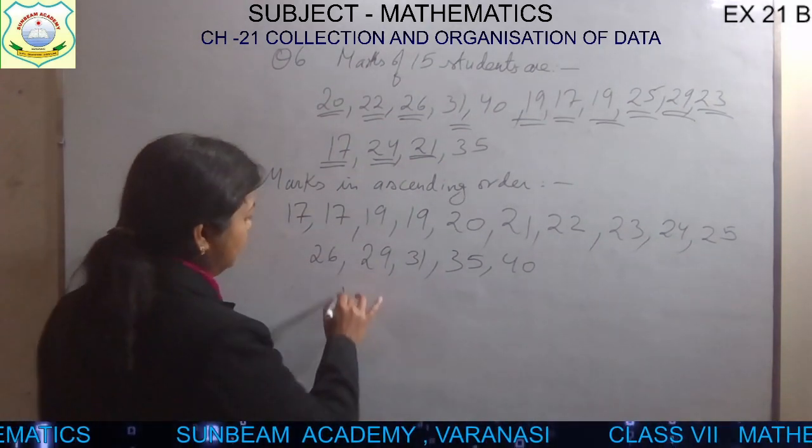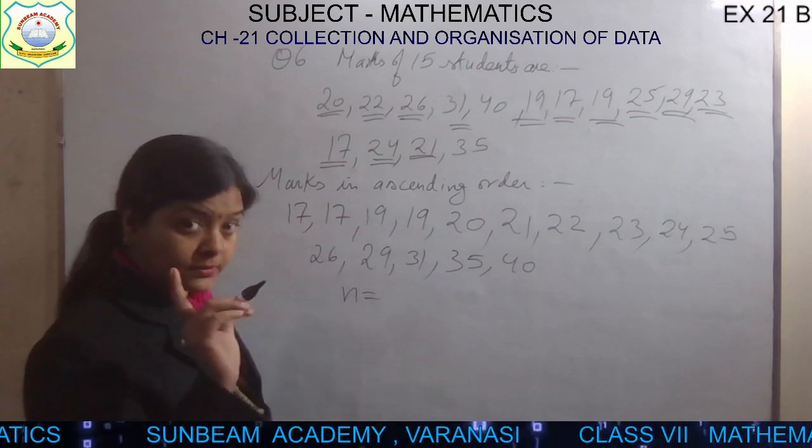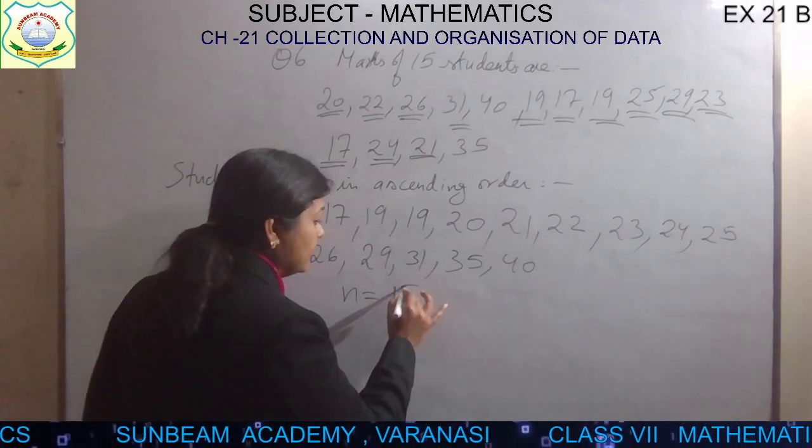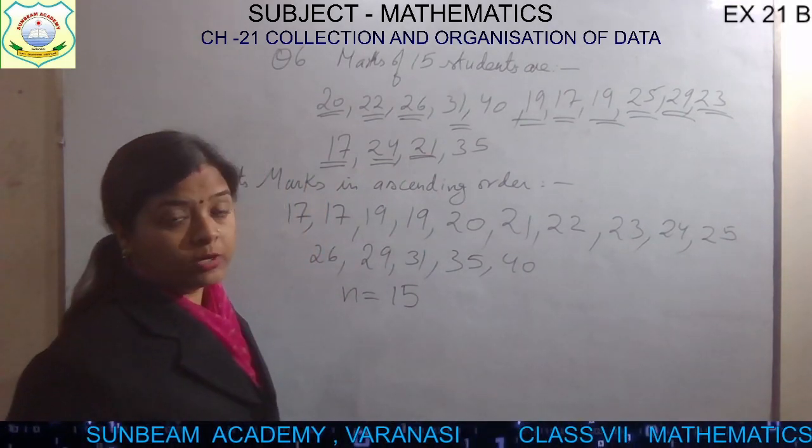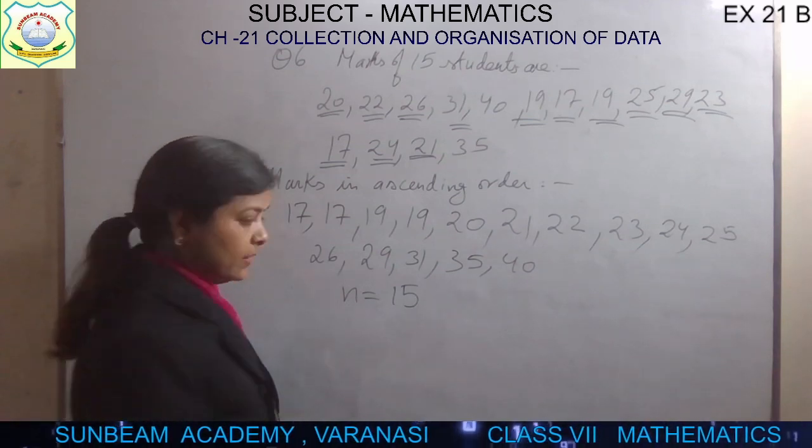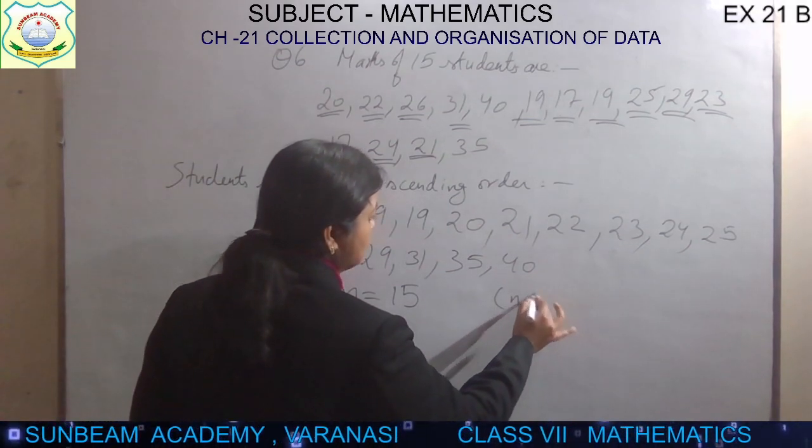Now how many observations are there, children? It is 15. The number of observations was 15. So n is 15, that is, you will write n is odd.